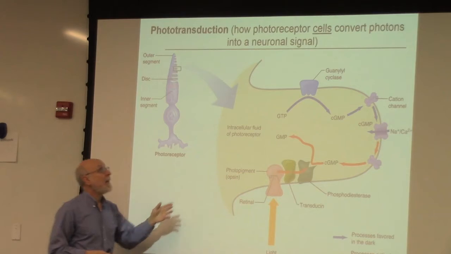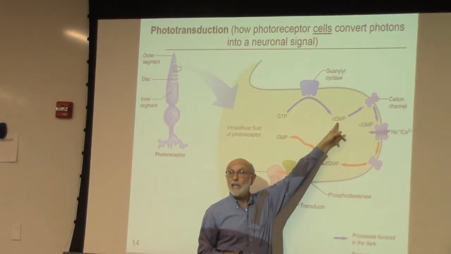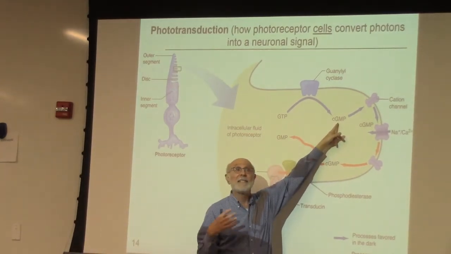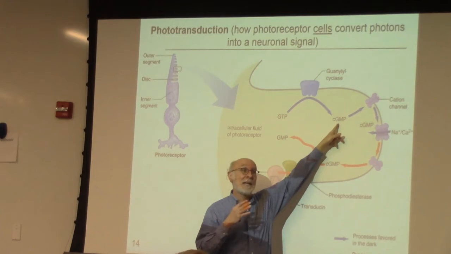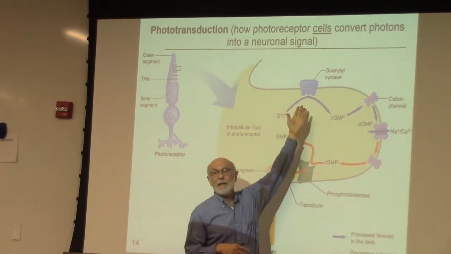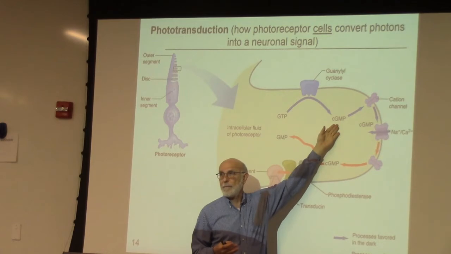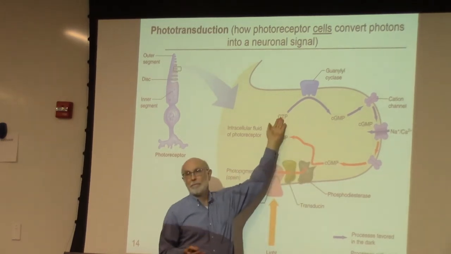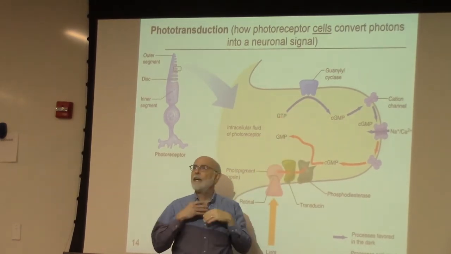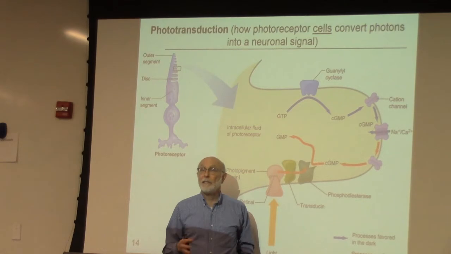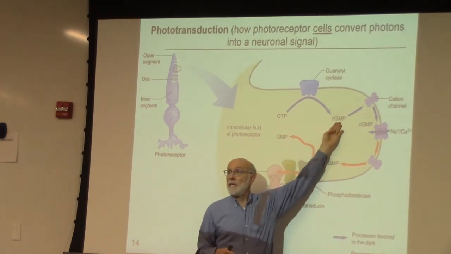It's just cranking out cyclic GMP. So just like adenylyl cyclase makes cyclic AMP, guanylyl cyclase makes cyclic GMP from GTP. It's working all the time. And in the dark, cyclic GMP accumulates.